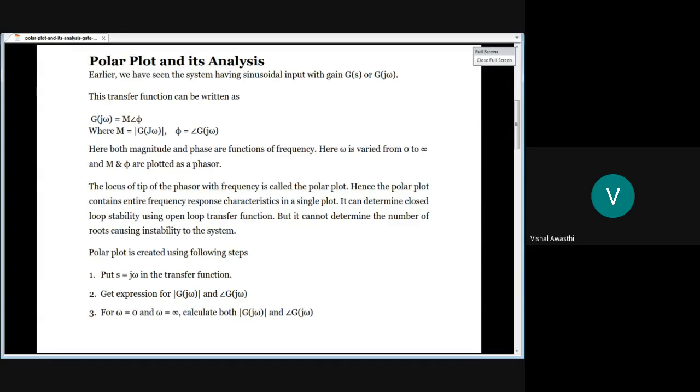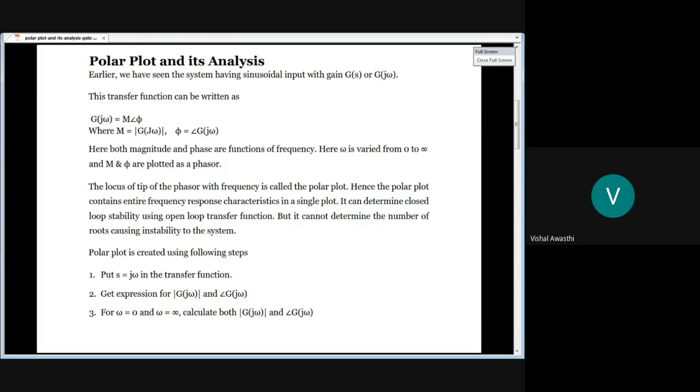As in the Bode plot, you have a magnitude along with the variation of frequency. Similarly, you have a phase with the variation of frequency. So now you have two plots.